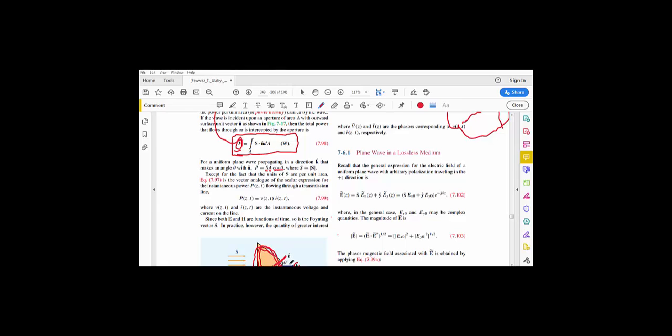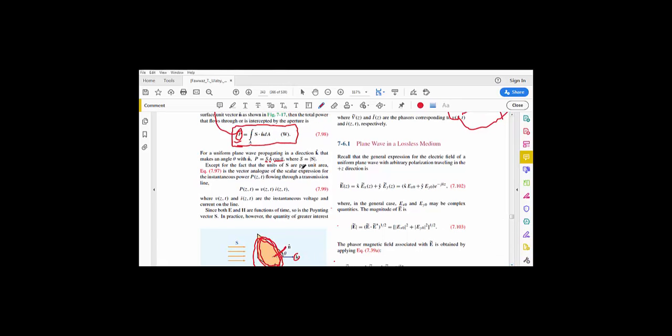In case theta is equal to 0, that means k and n are parallel, so this cosine will be 1. Okay, so according to that we will get the power.